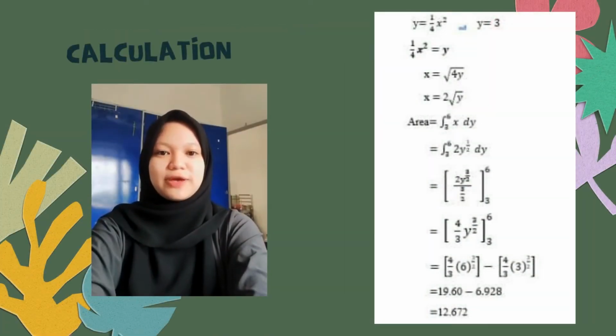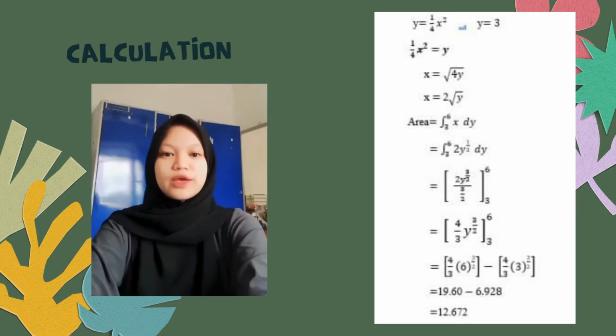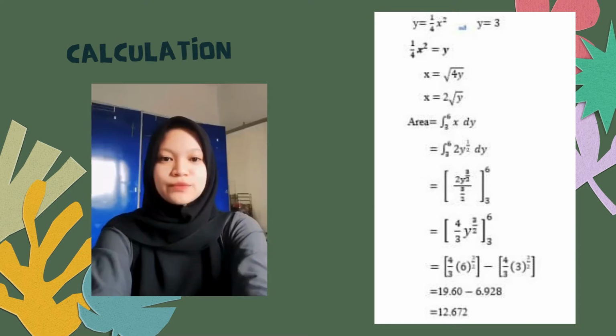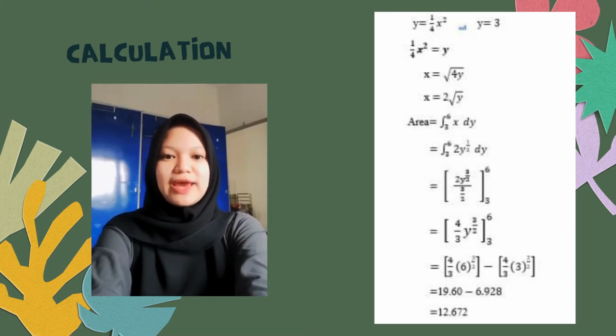First, we need to find the area. The equation given is y is equal to 1/4 x to the power of 2. In order to find the area, we need to find the x equation. We get that x is equal to 2 square root of y. Next, we need to integrate the x equation.